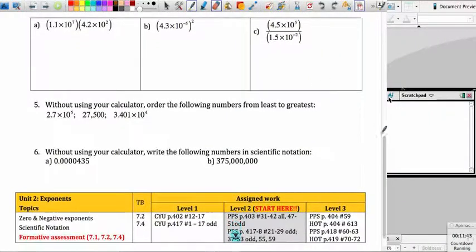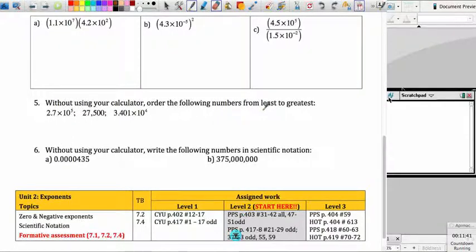Then examples 5 and 6 will involve questions that are done without the use of the calculator, and essentially these are the ones where you need the understanding of what scientific notation is in order to be able to answer them. So let's start with those, and after that we'll turn our attention to how to do these on the calculator. So we'll work backwards this time.